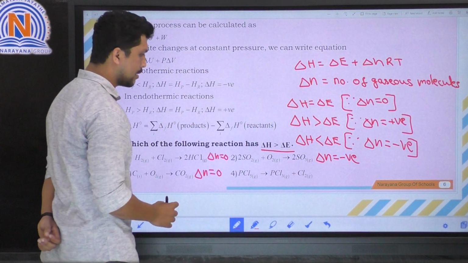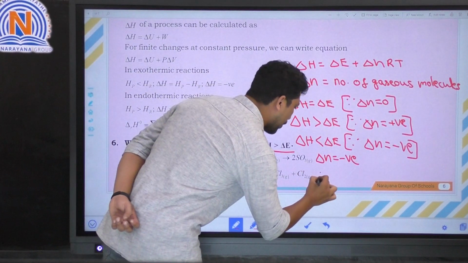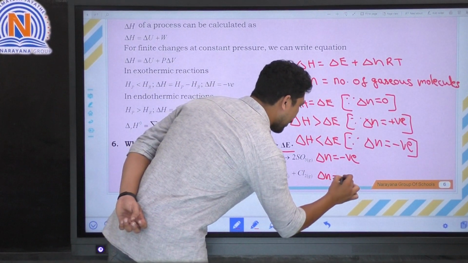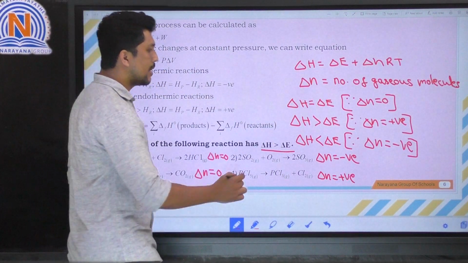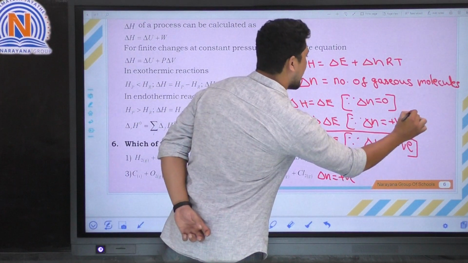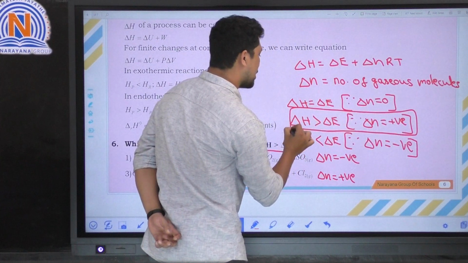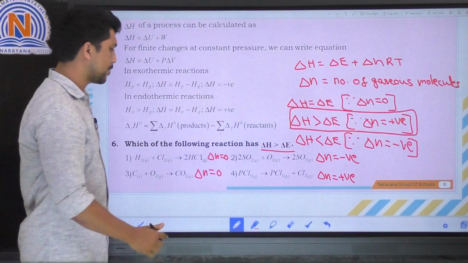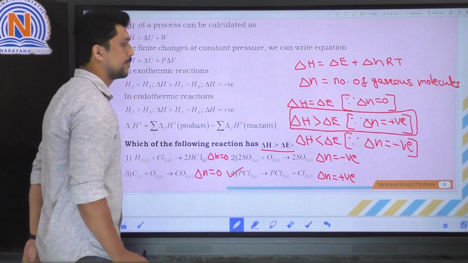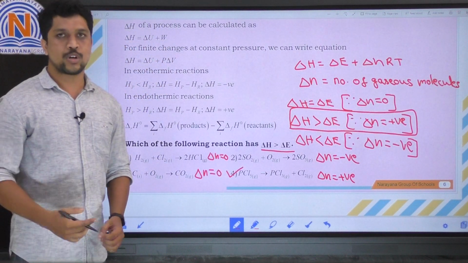And in the last reaction, the delta n will be positive, right? So if delta n is positive, then delta H is greater than delta E. The change in enthalpy is greater than the change in energy. So the correct option is the fourth option. Let's move on to the next question.